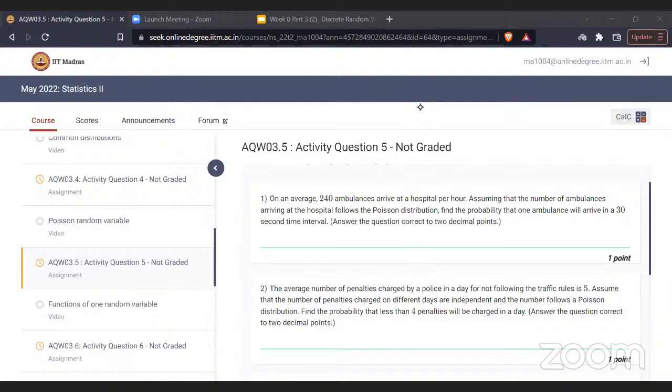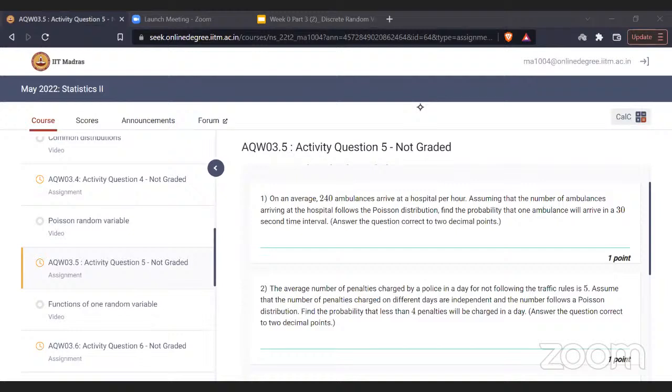How many ambulances arrive in 30 seconds? So in 1 hour, if 240 ambulances arrive, it means in a 30-second time interval, around 240 upon 3600 into 30 ambulances will arrive. That is nothing but equal to 2. So if you take each 30-second time interval, on an average, 2 ambulances will arrive.